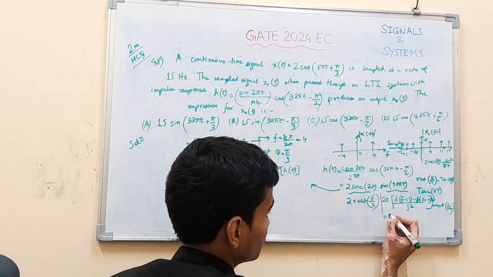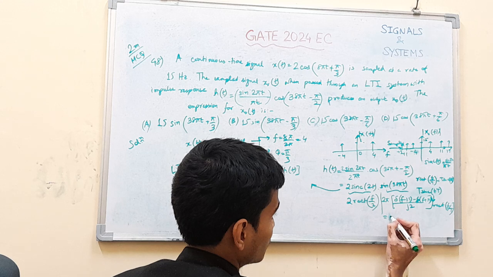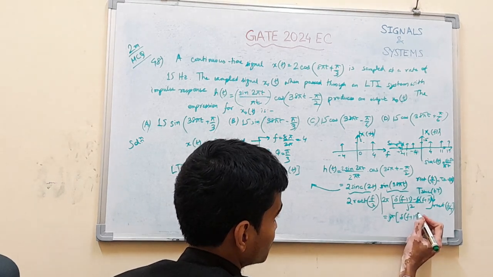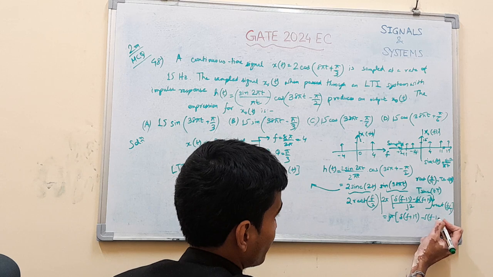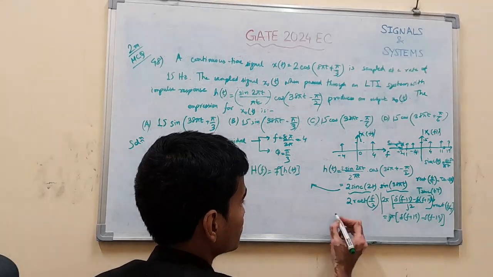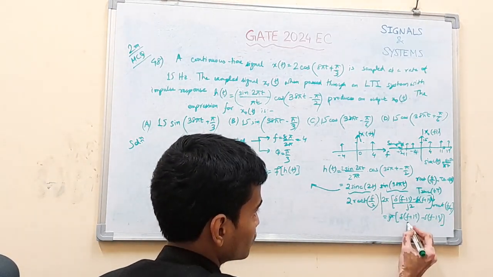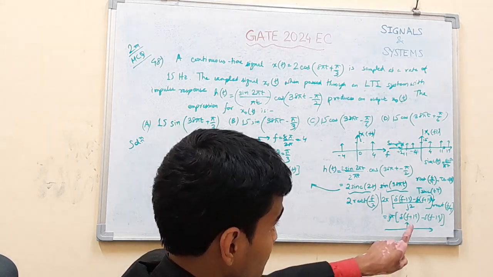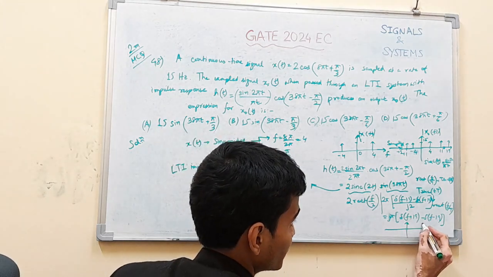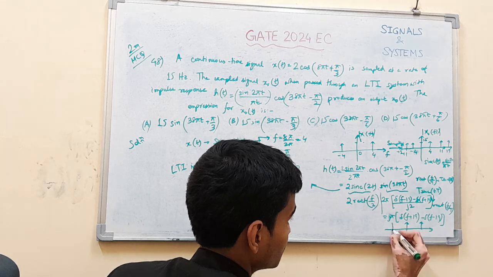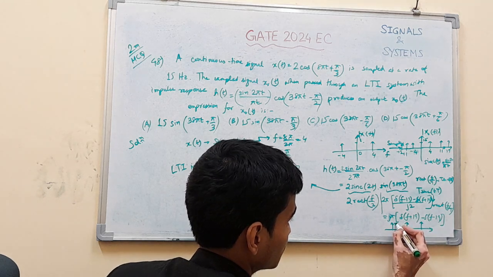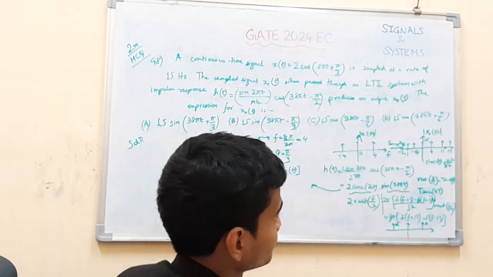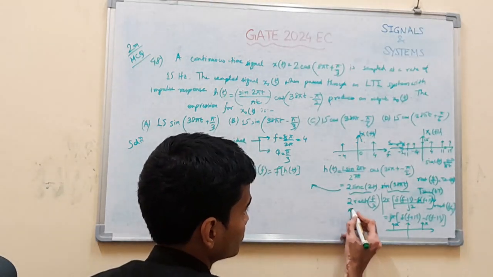So this will be j pi times delta of f plus 19 minus delta of f minus 19. And this will be what? Let's draw this. At these frequencies, 19 and minus 19, there will be an impulse of pi units scale. And this one will be what?